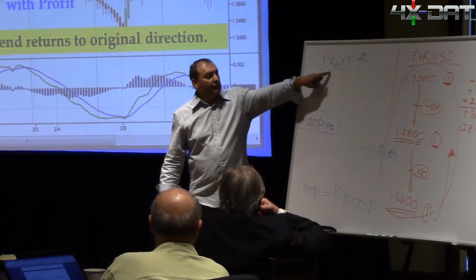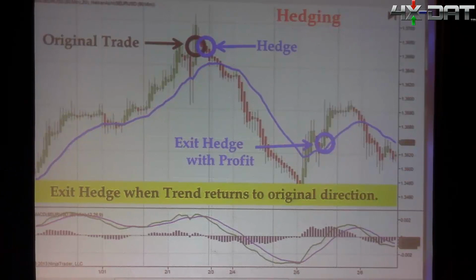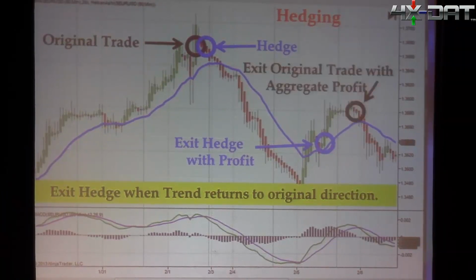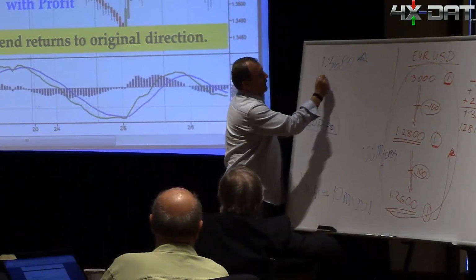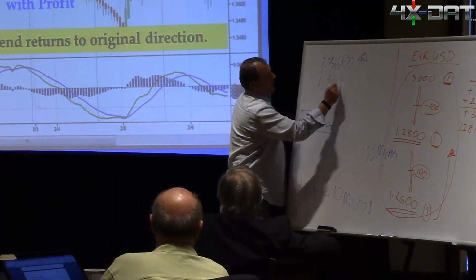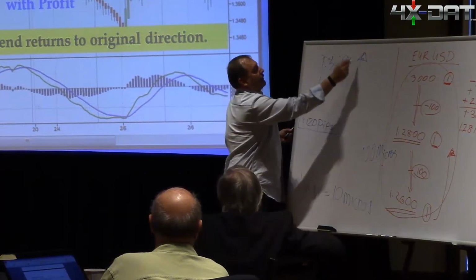Now we still have this trade that's open. What's the price? Same price, 136.80. Now guess what? Market's going up. Now it's reversing again. So it reverses, and right here at 135.80, we get out of this trade.